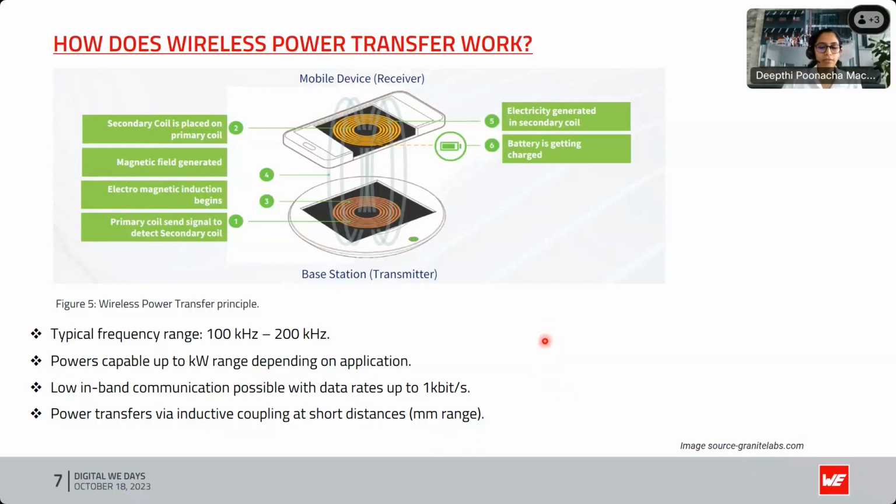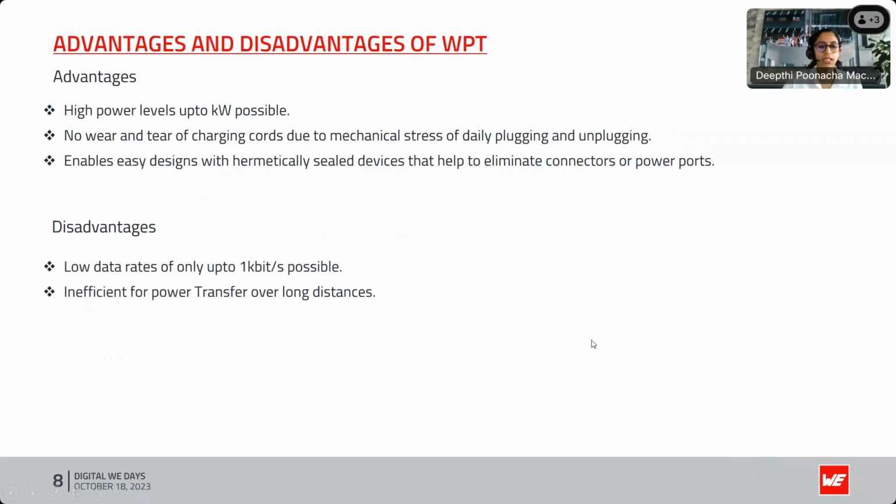So now having learned about the principle of wireless power, let us go on to see what are the advantages and disadvantages of wireless power. Like I already mentioned in the previous slide, we can already sum up some of the advantages and disadvantages. So we start with the advantages, where we see that, of course, high power levels up to kilowatts are possible, which are dependent on the application.